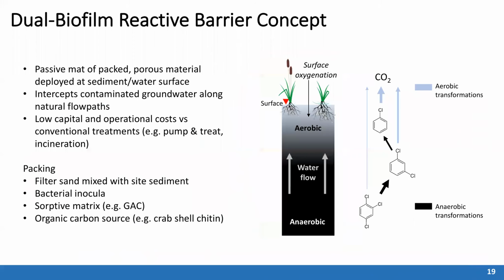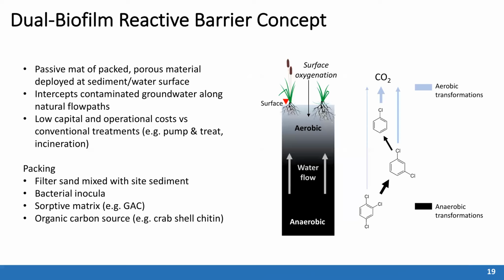So how would we actually achieve this? Well, in the field, we would put in some sort of packing material, and the concept would also be to have granular activated carbon mixed in as a sorbent to help smooth out fluctuations in the concentrations, and then some sort of solid carbon source. For example, crab shell chitin is known to be a pretty good carbon source for biodegradation reactions.